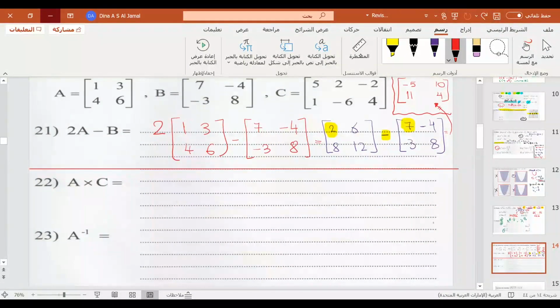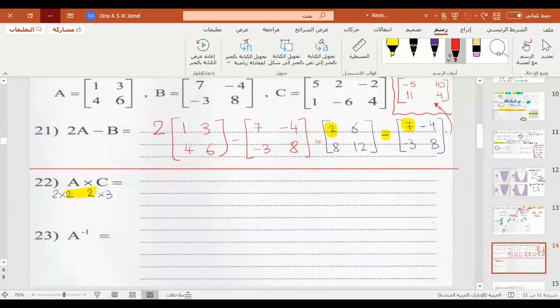He's telling you find A multiplied by C. Whenever you would like to multiply, you should check the inner dimensions. A is 2 by 2. C is 2 rows through 3 columns. That means inner dimensions are matching. Your new matrix will be having new dimension of 2 rows, 3 columns.